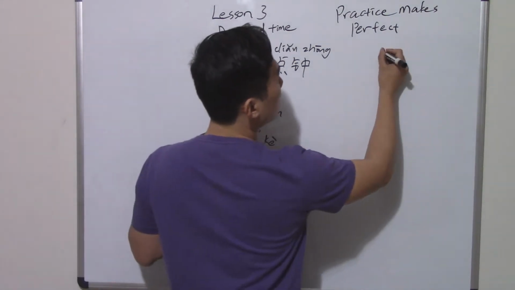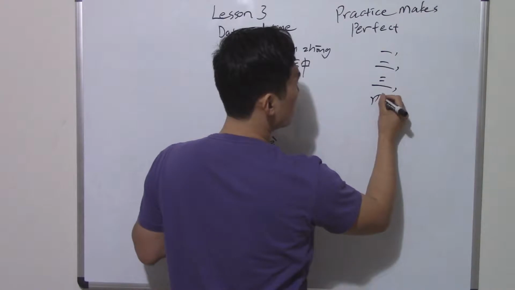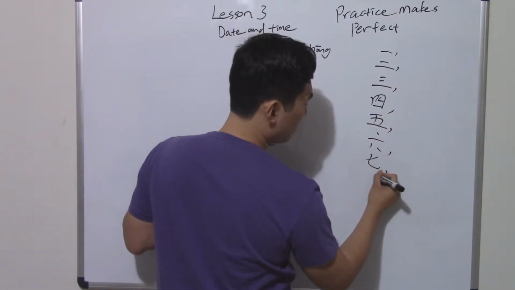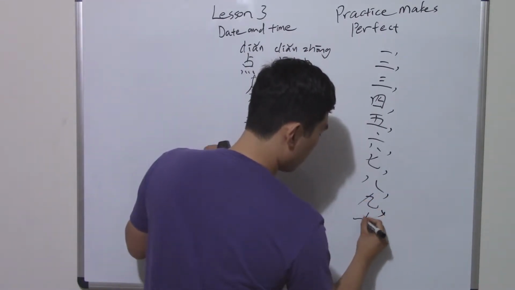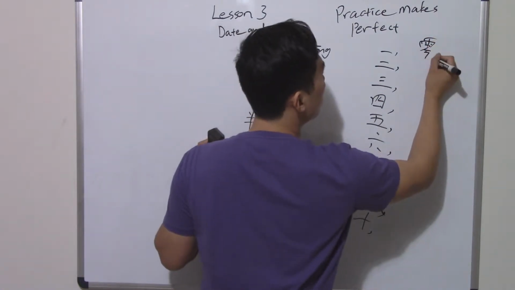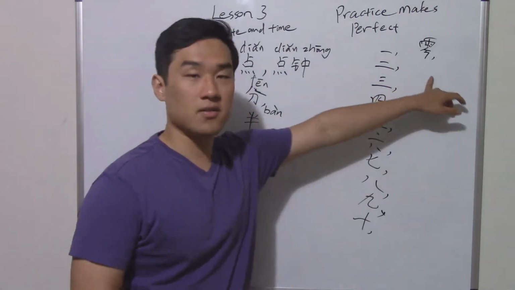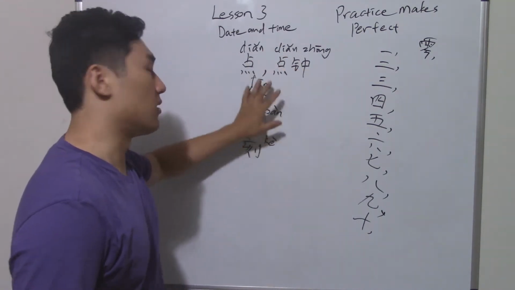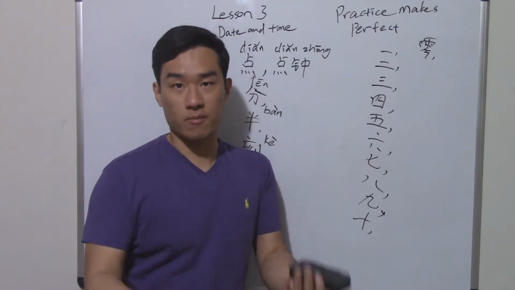But I can write those down very quick as well. 一二三四五六七八九十, and probably a 0 right here. So we will be using all these 10 numbers plus the 0, so 11 numbers, and then all these different words for the clock, put together to talk about what time it is.